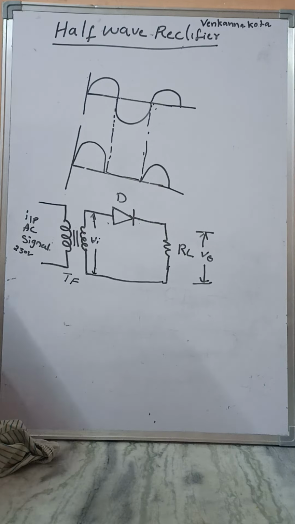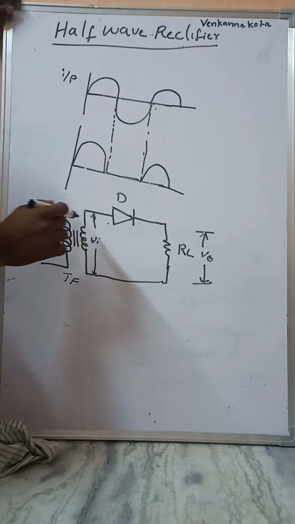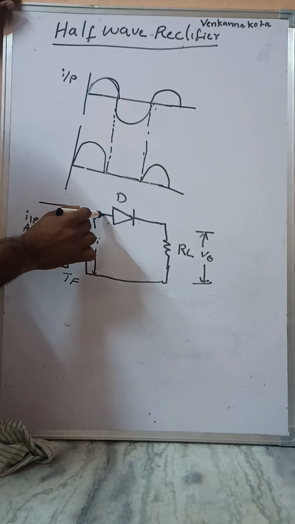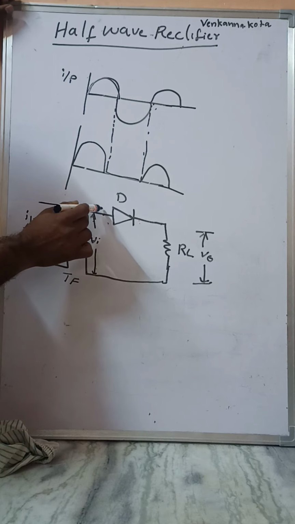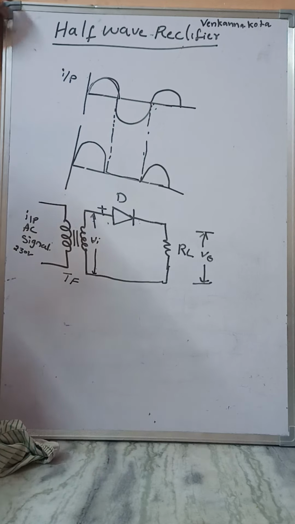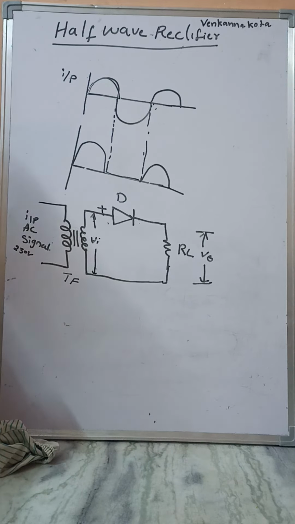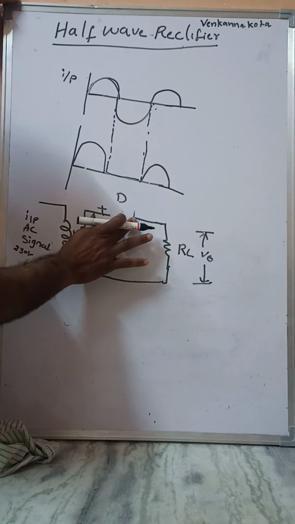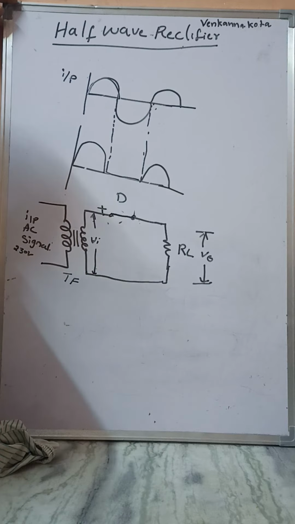This is the input AC signal. First we apply the positive portion to the PN junction diode. When we apply positive to the diode, this is forward bias, so the diode acts as an on switch.